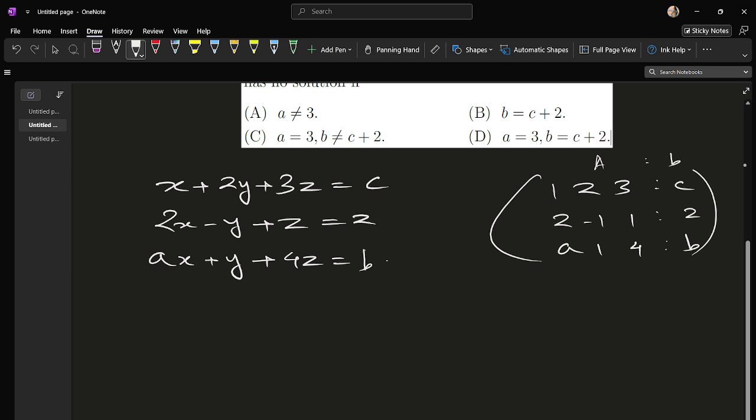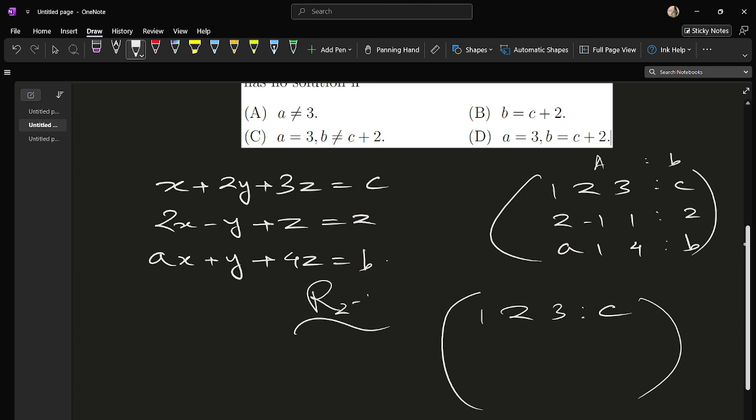After performing row operations, subtracting 2 times the first row from the second row, let me write it in detail. The first row is 1, 2, 3, c. Then we do the elementary row operation row 2 minus 2 row 1.